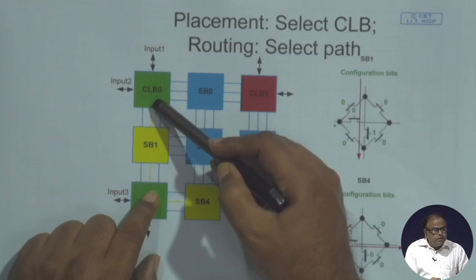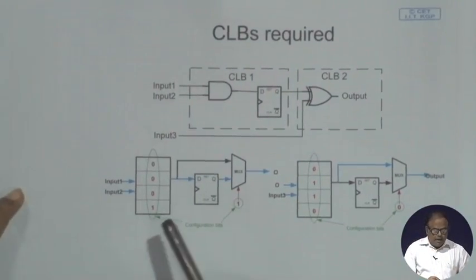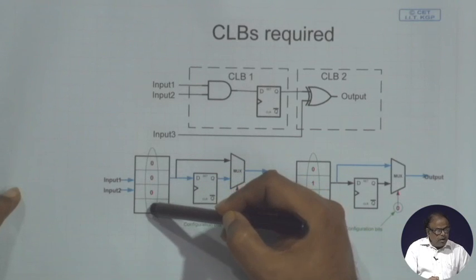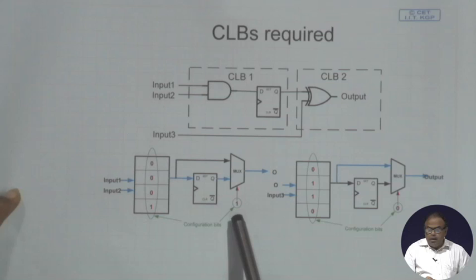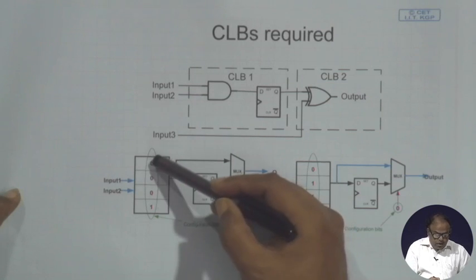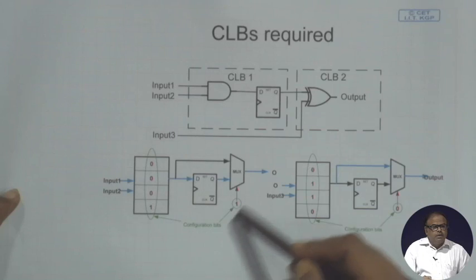What should be the program of CLB 0? We have already seen CLB 0 will be implementing this AND gate. Therefore, it will be 0, 0, 0, 1, and the multiplexer should be 1. So, 0, 0, 0, 1, 1, that will be the programming of CLB 0.